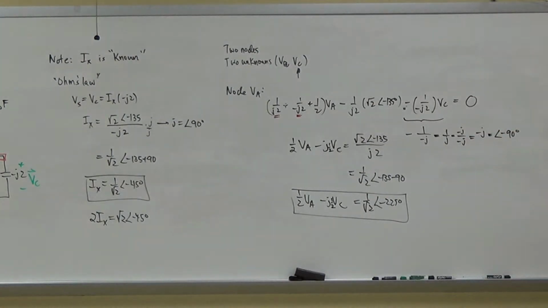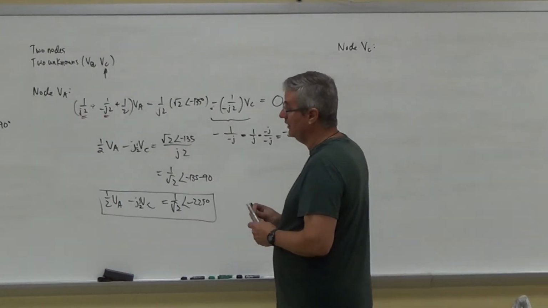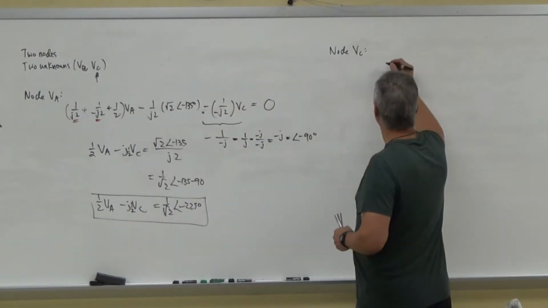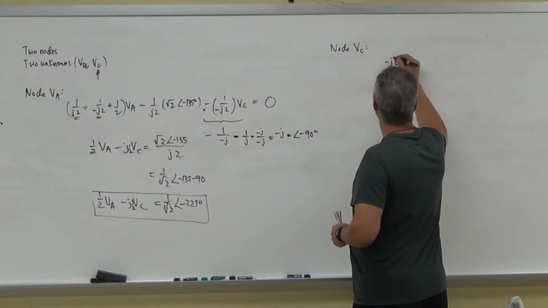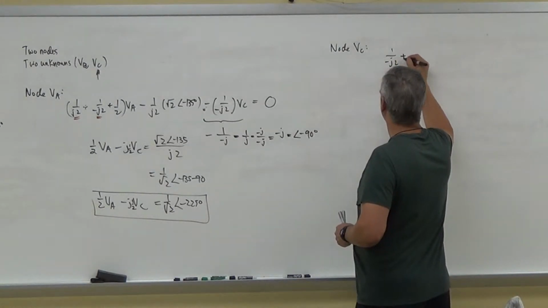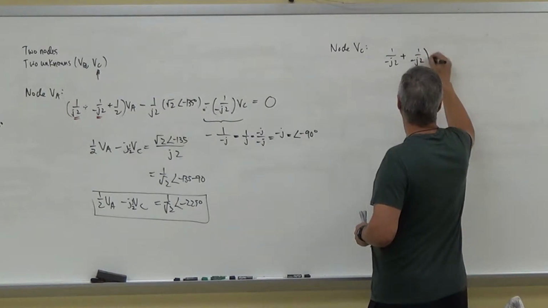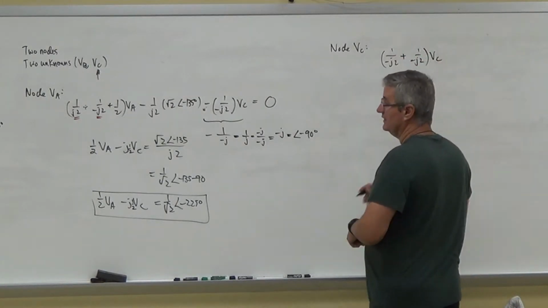Okay, let's go to the next node. If I go to the next node, I'm looking at VC. Node VC. If I look at VC here, I have two terms, right? I have minus 2J plus minus 2J, VC.